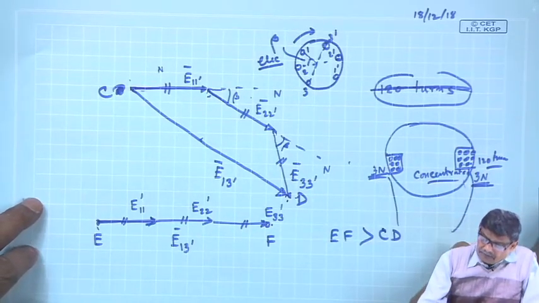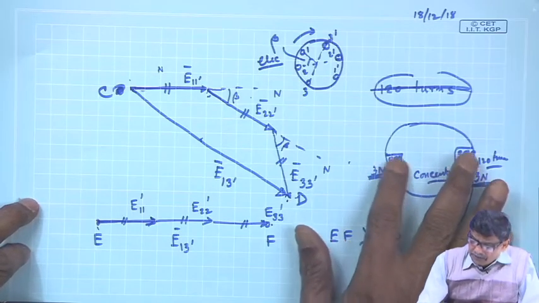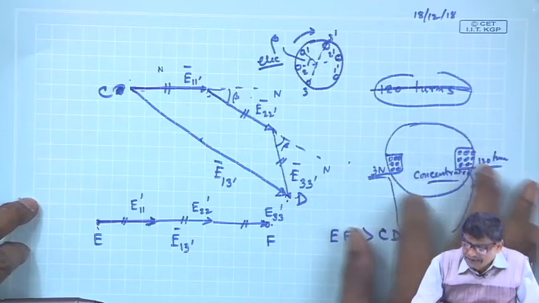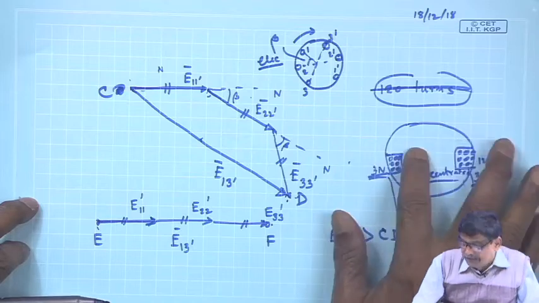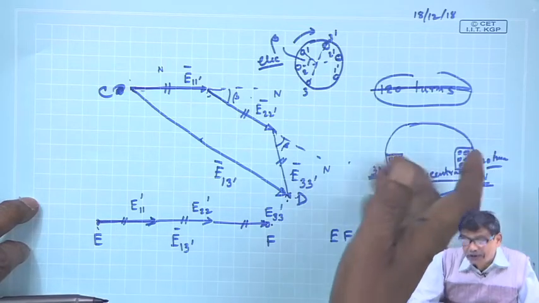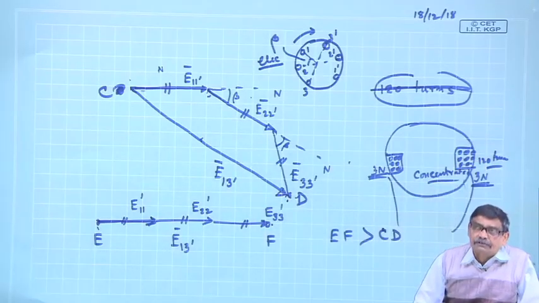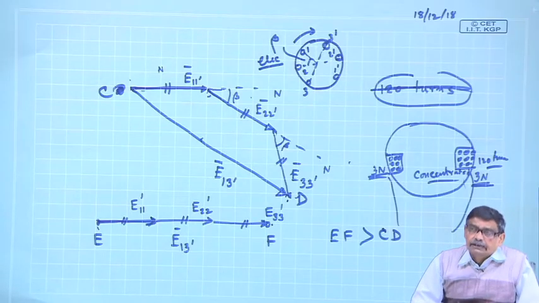Concentrated for many reasons is not wanted. So many number of turns if you accommodate in a pair of slots, rest of the place remains unutilized, and also how many conductors you can put in a particular slot, there are restrictions on that. Space available in a particular slot is not infinite.